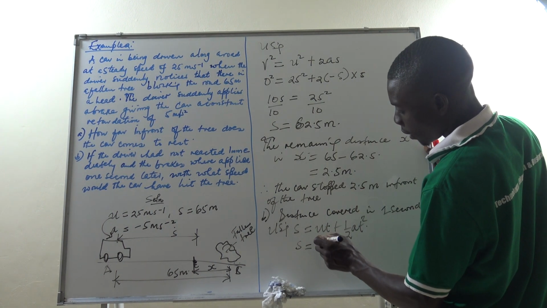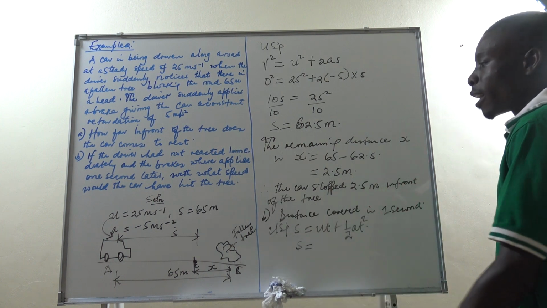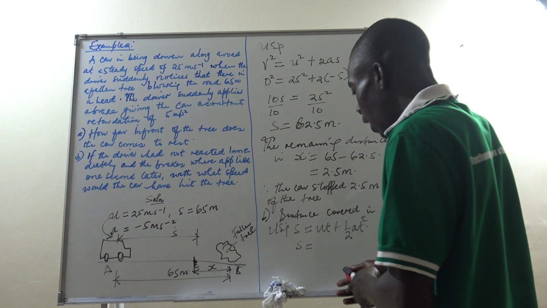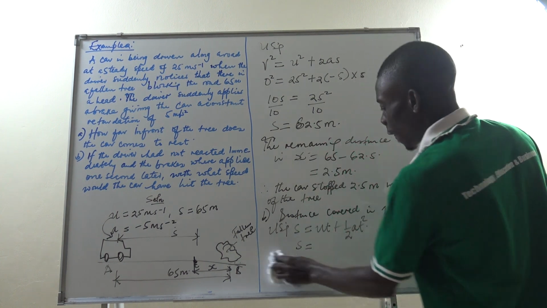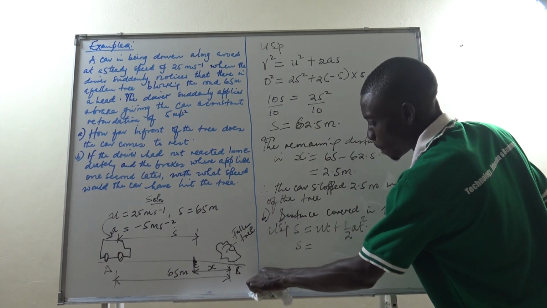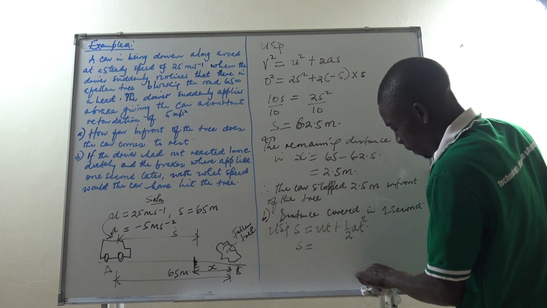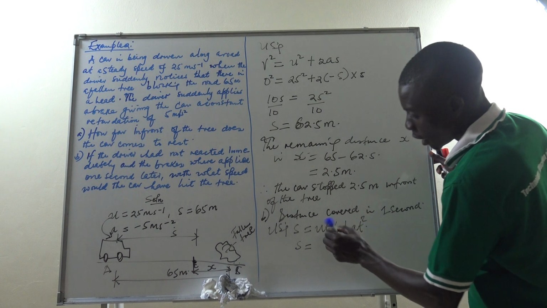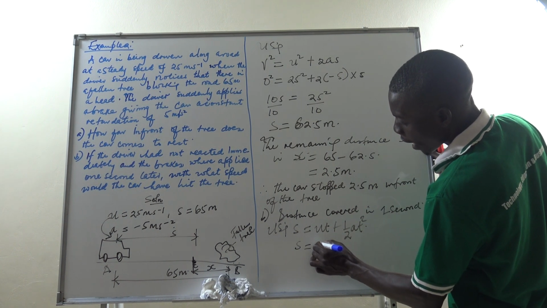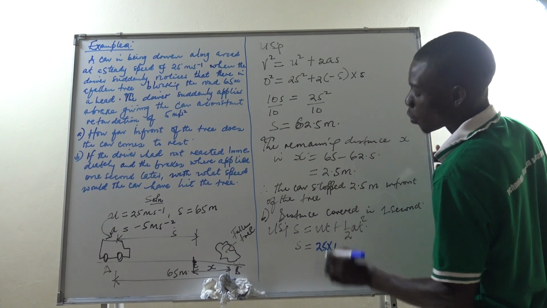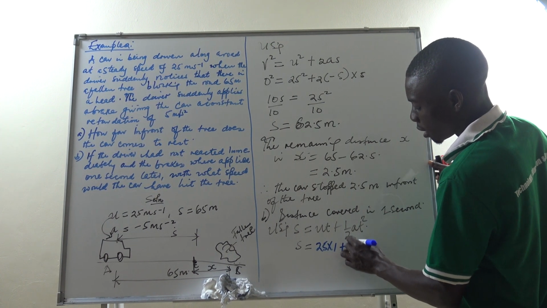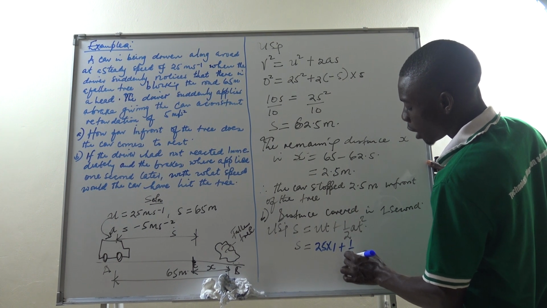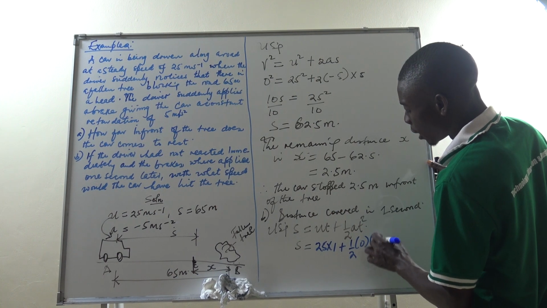What is my U in this case? If we are looking at the distance covered in 1 second, S equals U, which is now my 25 times 1, plus, it was moving with a constant velocity, therefore acceleration is 0, a half into 0, 1 squared.